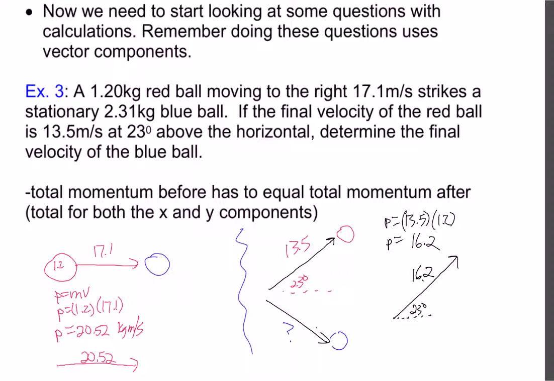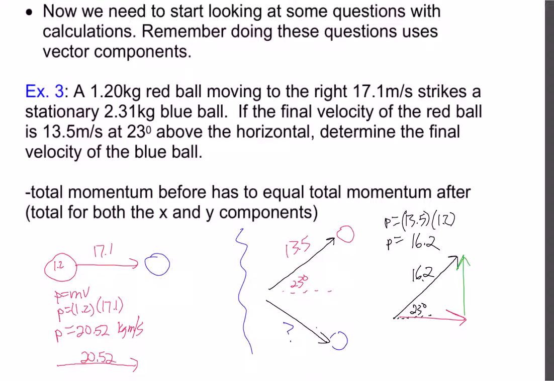We can't deal with angles, we want to deal with horizontal and vertical components. So we'll have a horizontal component, I'll draw that in as red, and then we're also going to get a vertical component, I'll draw that one in as green.